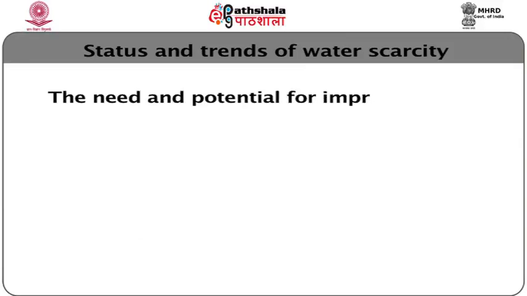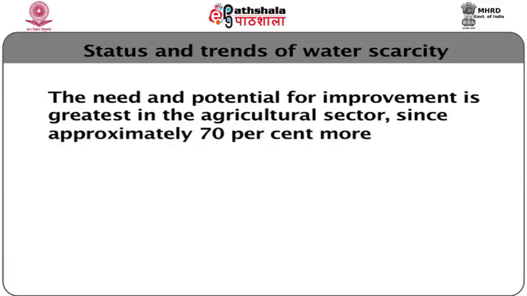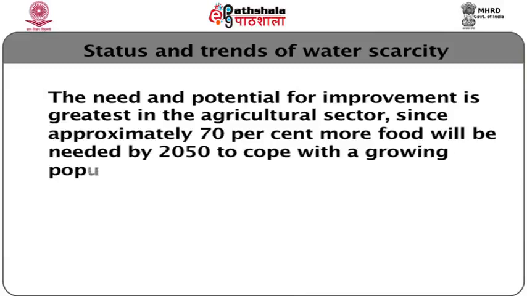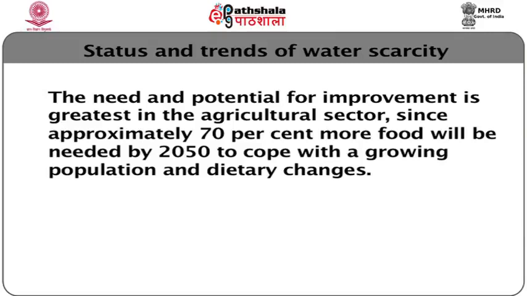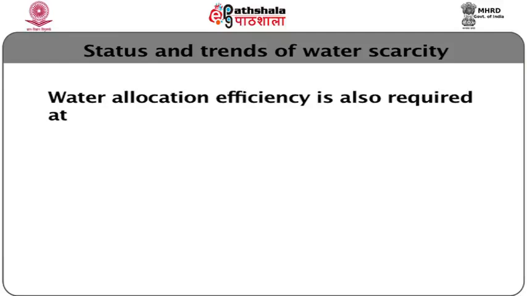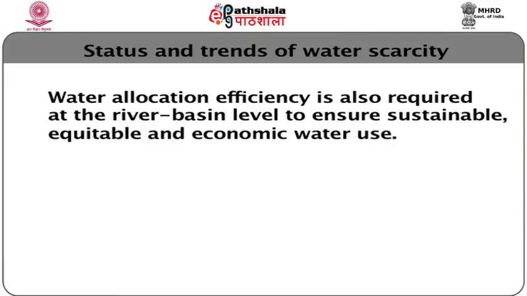The need and potential for improvement is greatest in the agricultural sector, since approximately 70% more food will be needed by 2050 to cope with the growing population and dietary change, as I have said. So, water allocation efficiency is also required at the river basin level to ensure sustainable, equitable and economic water use.